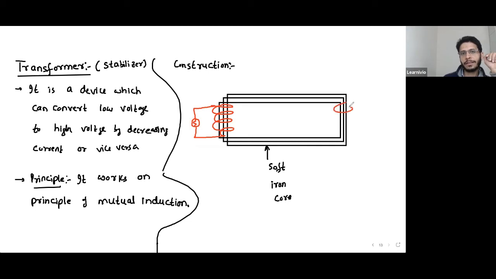And there is another end which is connected to the load. Load means, if I'm connecting my stabilizer to an AC, then that AC is the load and this is your AC supply.